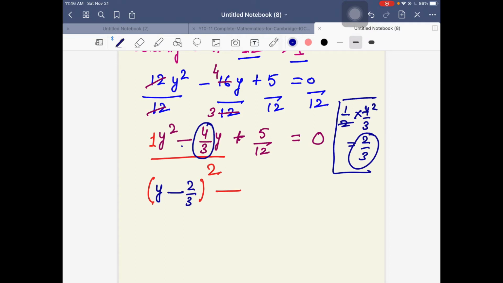Whether it is negative or positive, we should write the negative sign all the time. Then the square of this number, 2 by 3 whole squared. Then write the last number, which we haven't touched yet, 5 by 12, equal to 0.